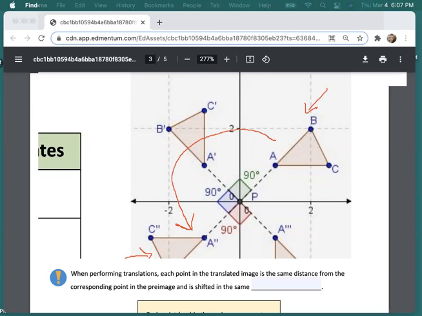And then 270 degrees would be like 90, 180, 270. Okay, so 270 degrees around the origin would bring us to the bottom, the fourth quadrant.